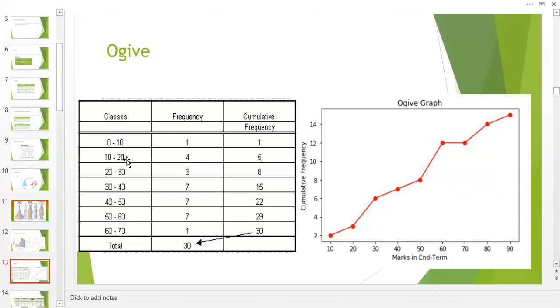And in 10 to 20 we have frequency 4, so we add 1 and we get 5. Now why is this used? It allows us to look at the frequencies that are below a particular number. For example, we want to see how many items are below 50. So there are 22 items in this case.